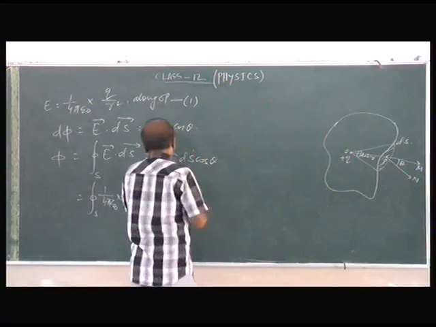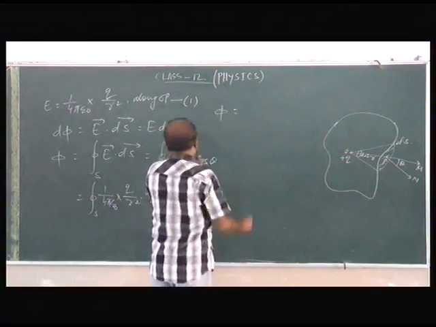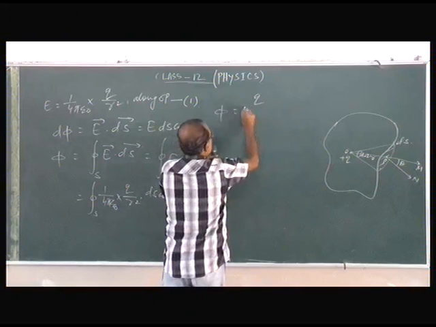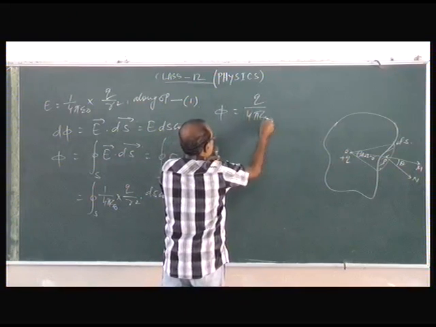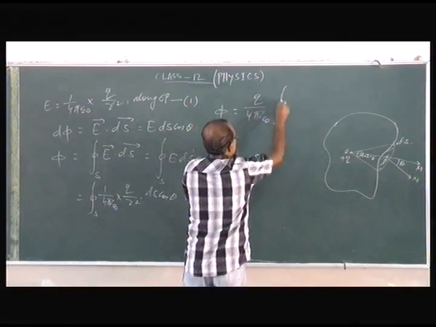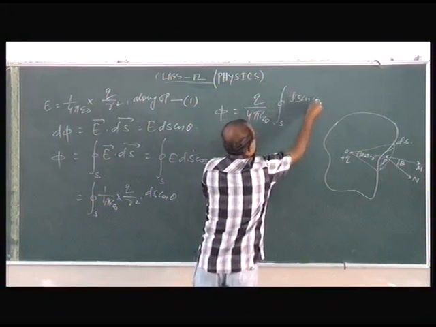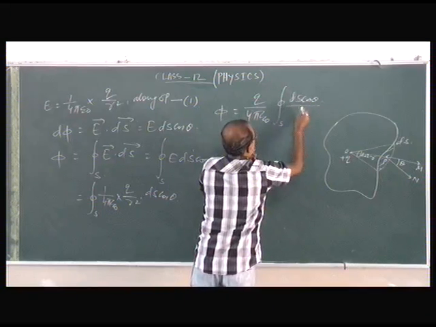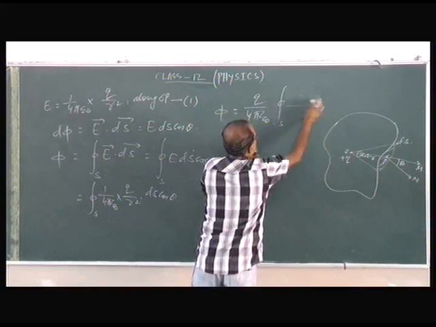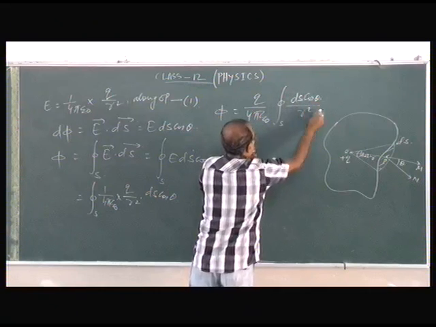So therefore phi, the electric flux, is equal to q by 4 pi epsilon naught into the integral of ds cos theta by r square.